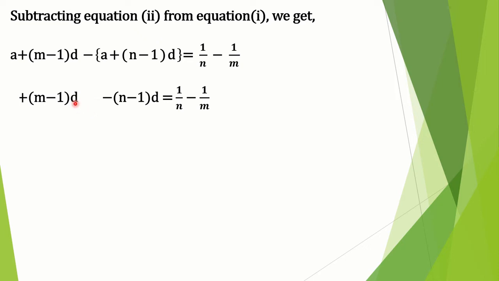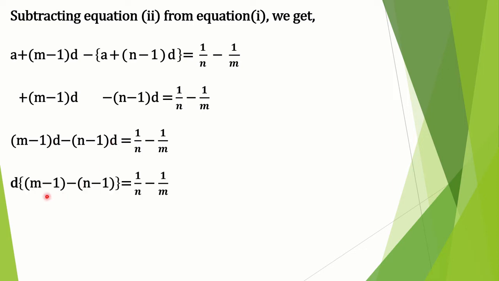Then here is d, here is d. The d can be taken common. So first of all, let's copy this. Now let's take d common. After taking d common, we are left with (m minus 1) and (n minus 1).